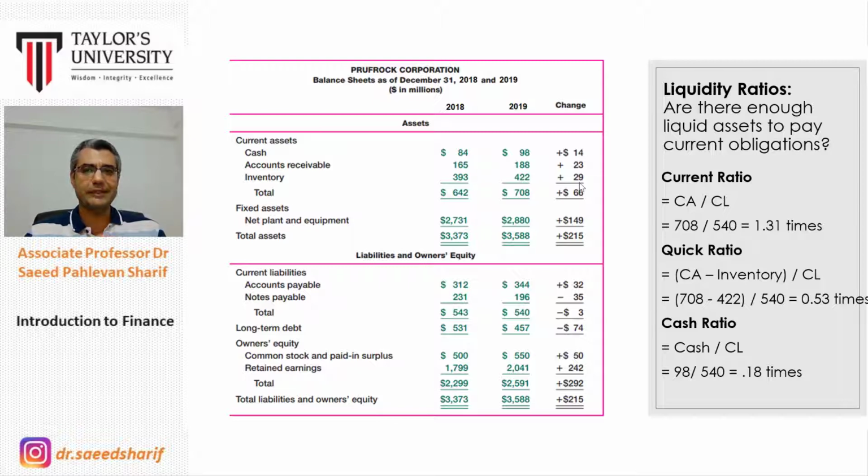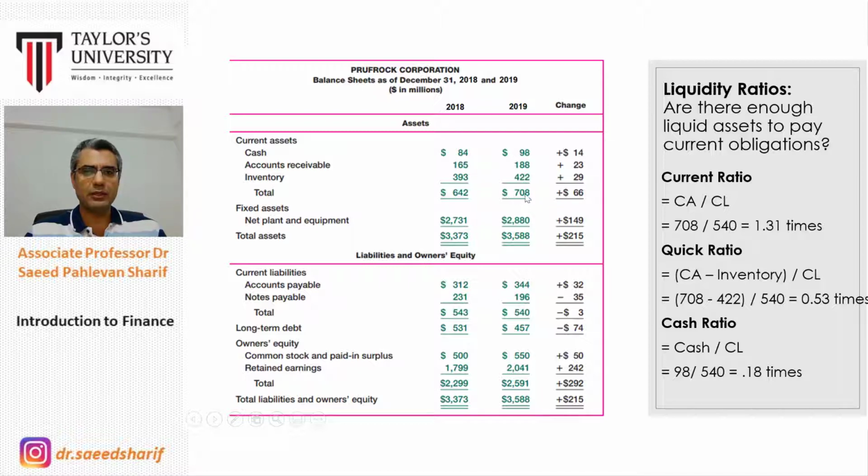What is the unit of measurement of the current ratio? It is either dollars or times. So in this example, let's use the data for 2019. Current assets have been reported here. The total is $708, but all have been reported in $1,000,000, so this is $708 million.